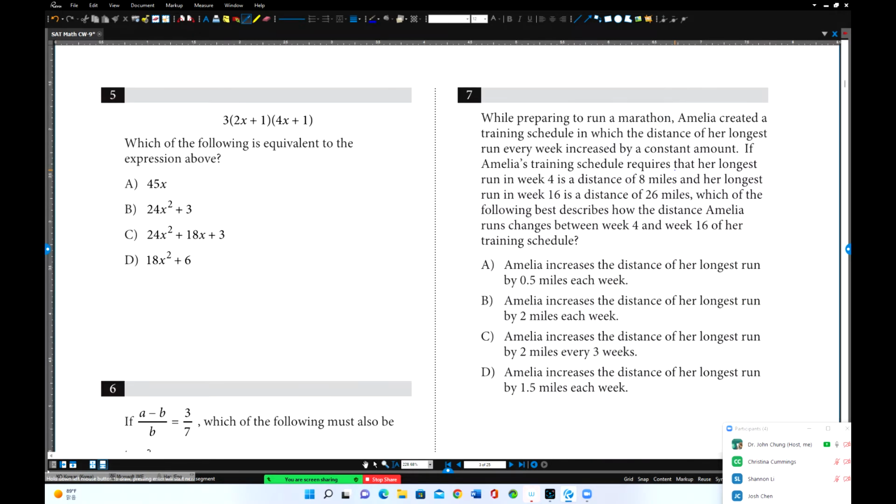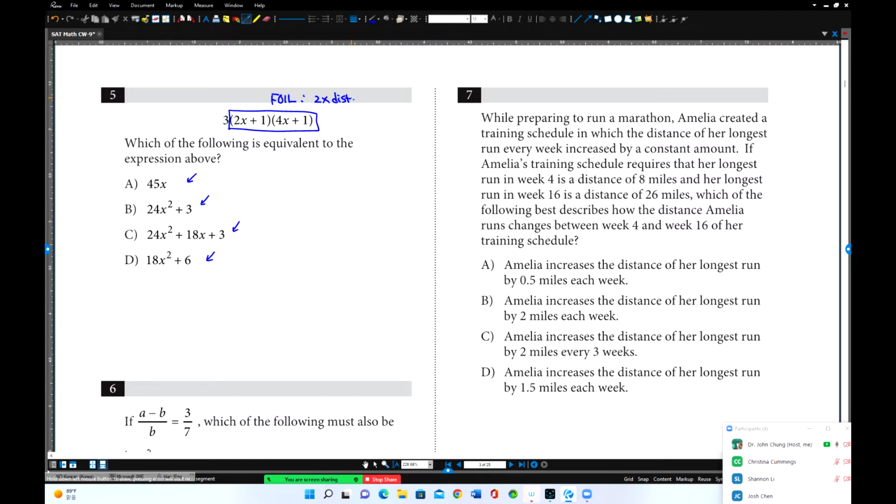The number 5 there: which of the following is equivalent to the expression above? You need to simplify. When you look over here, they're all expanded, so we have to expand this one. How can you expand this one? Inside is 2x times x. You can use FOIL, right? FOIL is 2 times distribution.